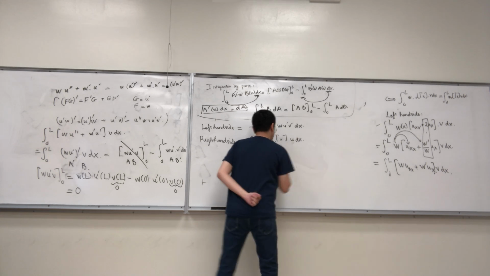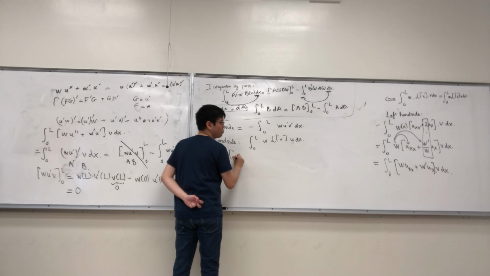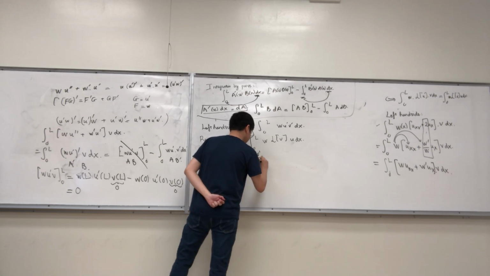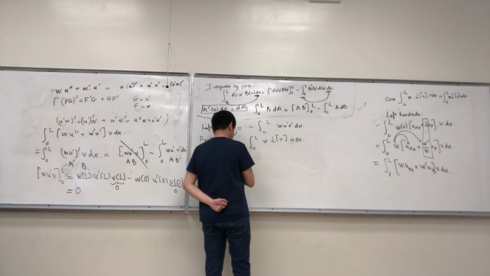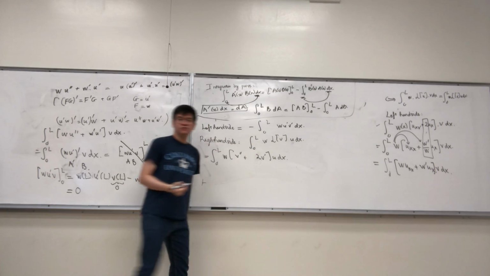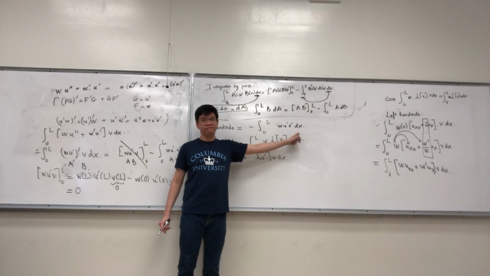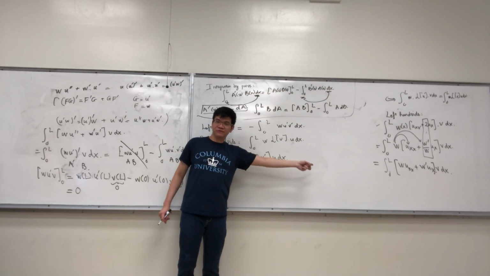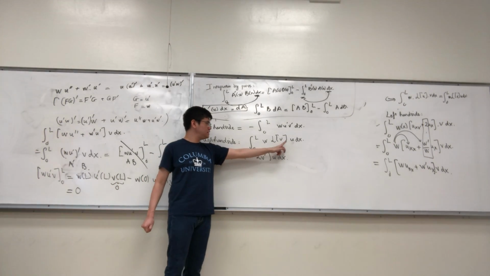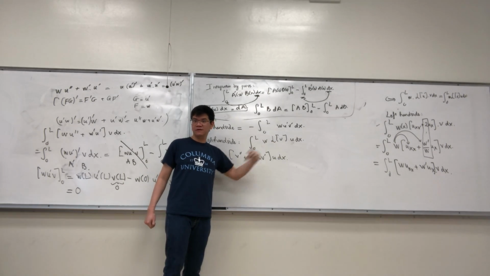This gives me integral from 0 to L, W, U prime prime plus W prime over W times 2V prime U dx. So you do the same thing with the right hand side and you get this guy again. You just replace U by V and V by U. So this is symmetric.